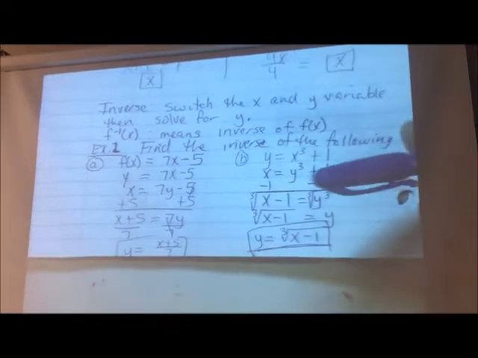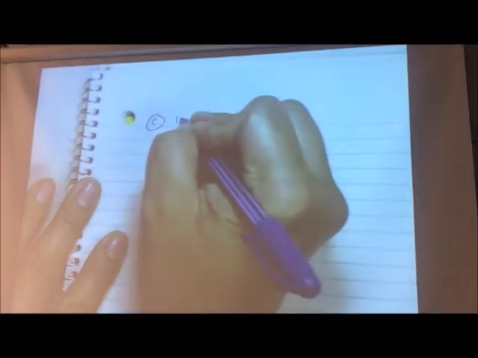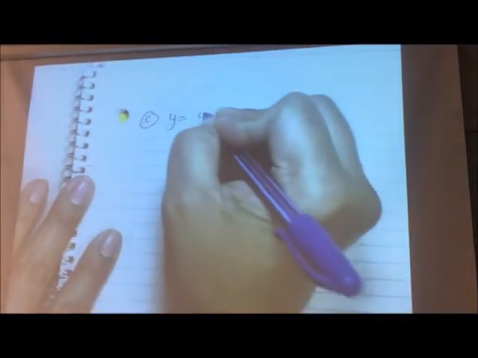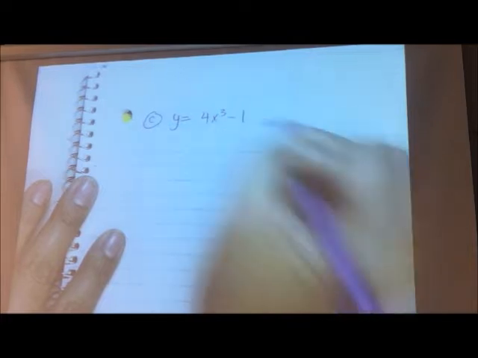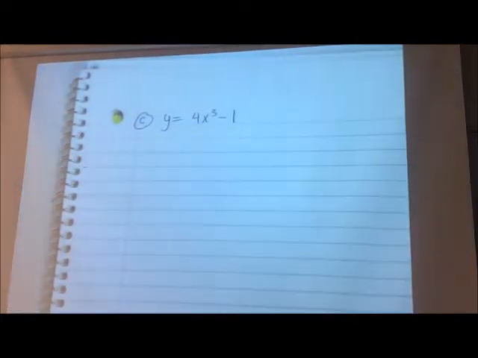Try C on your own. It's another cube root, and the only reason I'm giving you another one is because one on your assignment will be with the cube root. So try to do that one on your own.